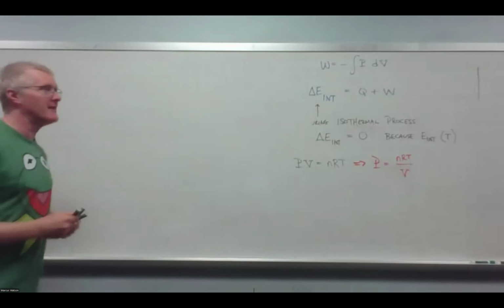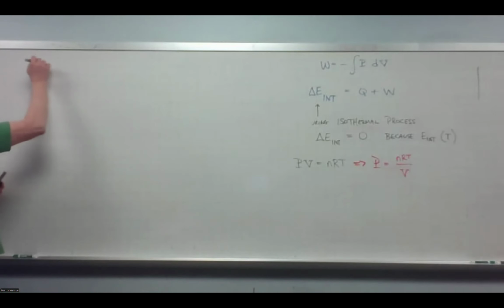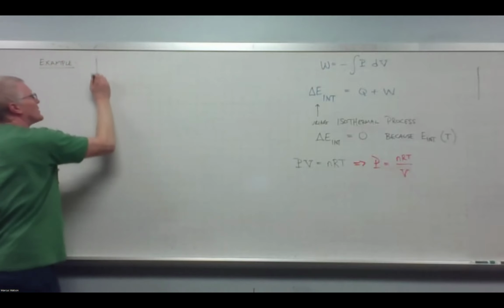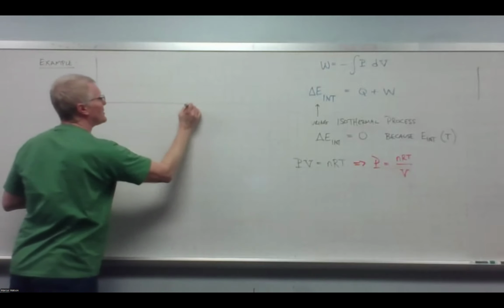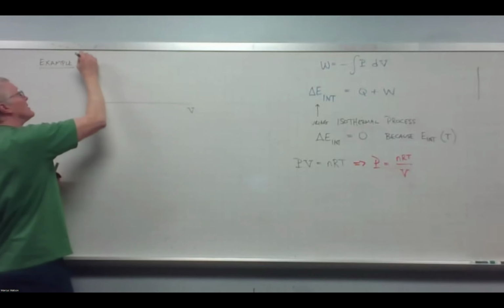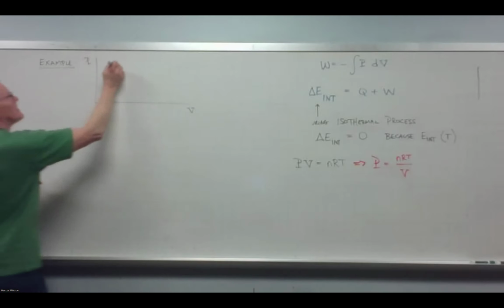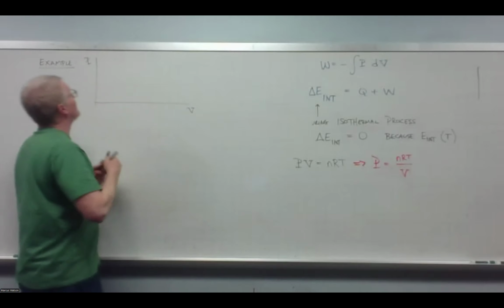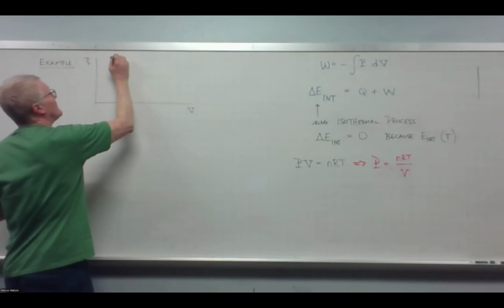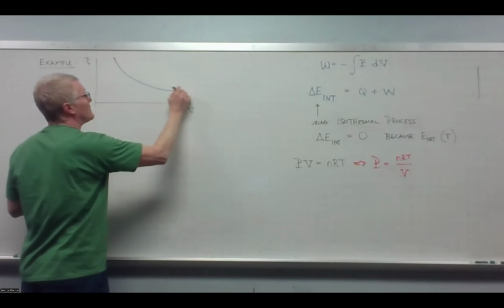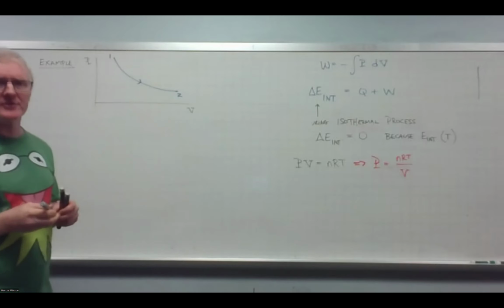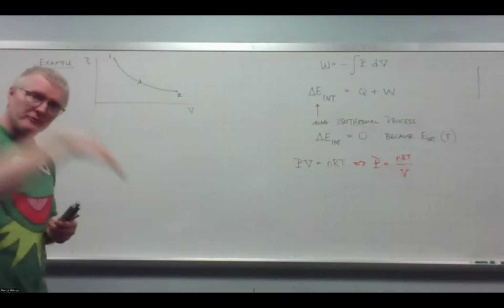Let's suppose that we have an ideal gas that we're going to expand. And we're going to do it isothermally. So it'll look like this, chugging down one of those 1/V slopes.